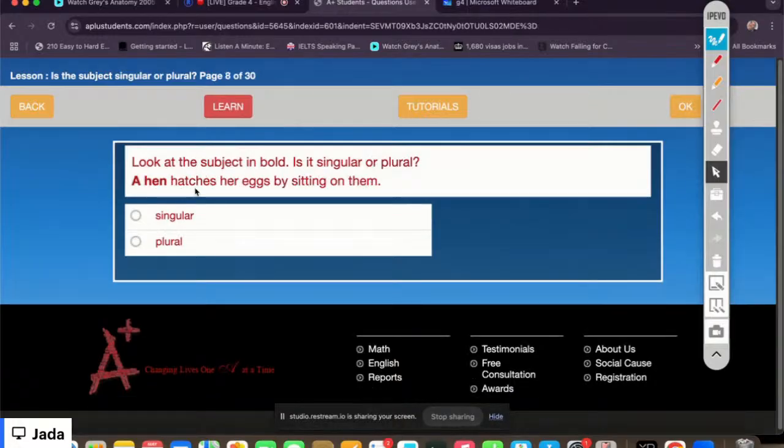So next up, a hen hatches her eggs by sitting on them. Singular or plural?